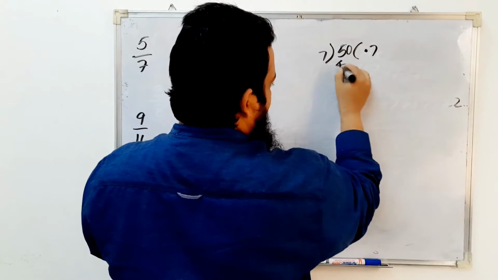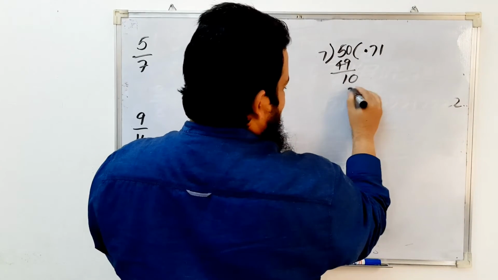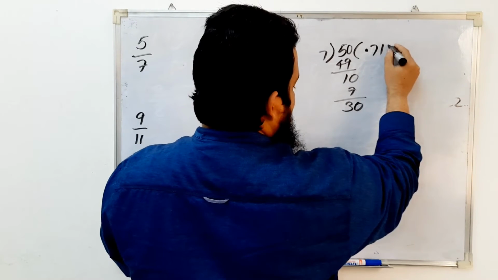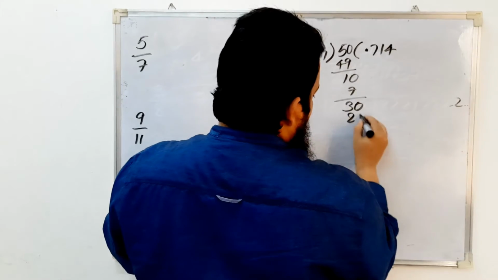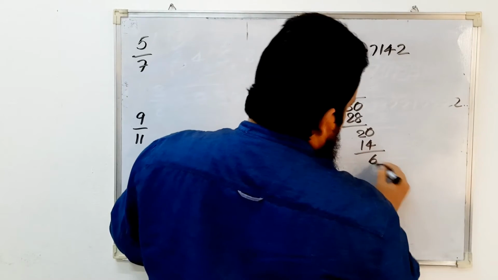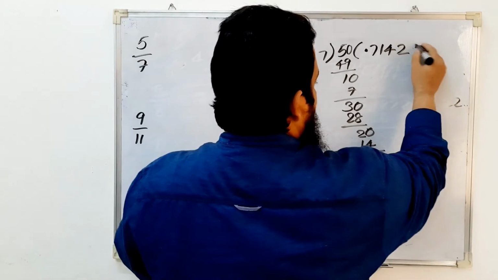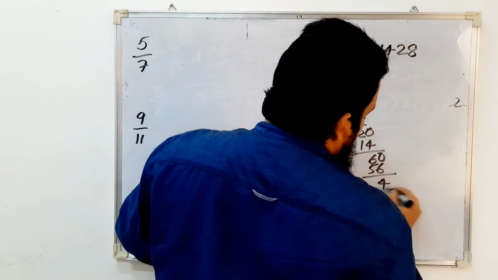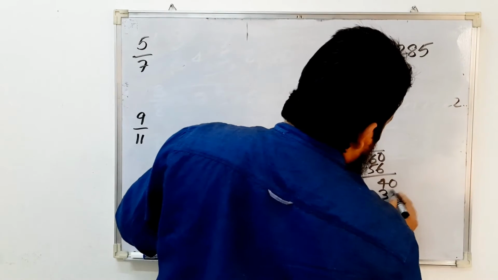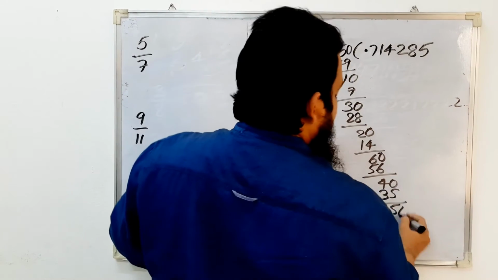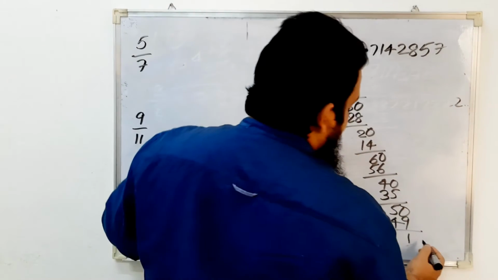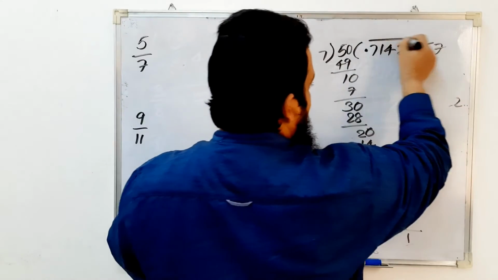7 into 50: 7 7s are 49, remainder 1. Then 7 into 10: 7 1s are 7, remainder 3. 7 into 30: 7 4s are 28, remainder 2. 7 into 20: 7 2s are 14, remainder 6. 7 into 60: 7 8s are 56, remainder 4. 7 into 40: how many times? 7 5s are 35, remainder 5. 7 into 50: 7 7s are 49, remainder 1, and from this part it is recurring.